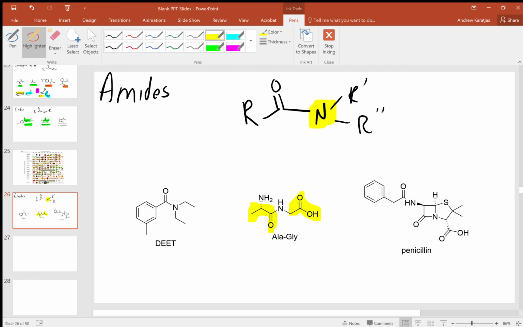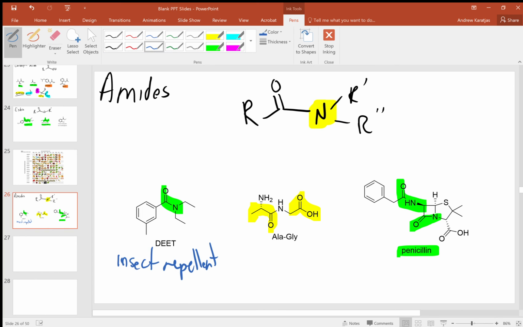These are known in the case of proteins as peptide bonds, but it's these amide bonds that keep the proteins together. We can also see that a molecule like penicillin has an amide. In fact, it has two of them. And finally, DEET, which you may have used at some point as insect repellent, is another common example of an amide.